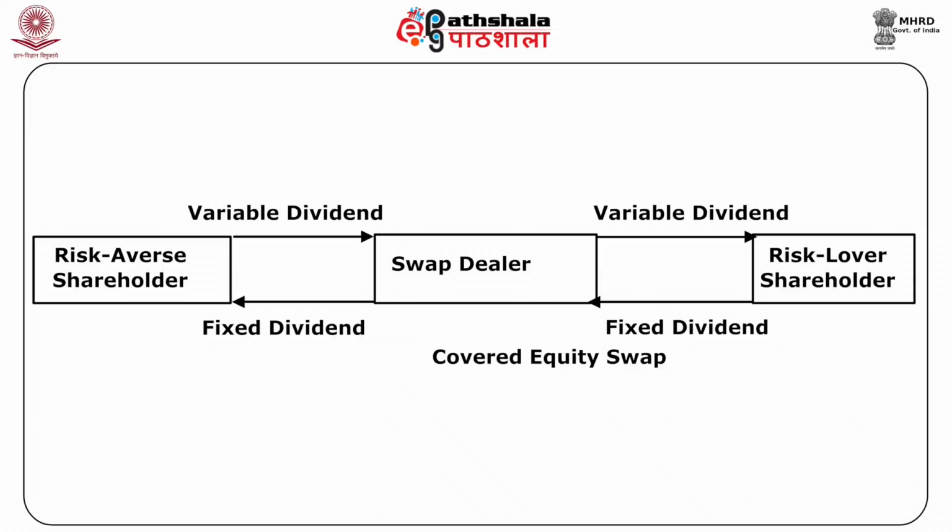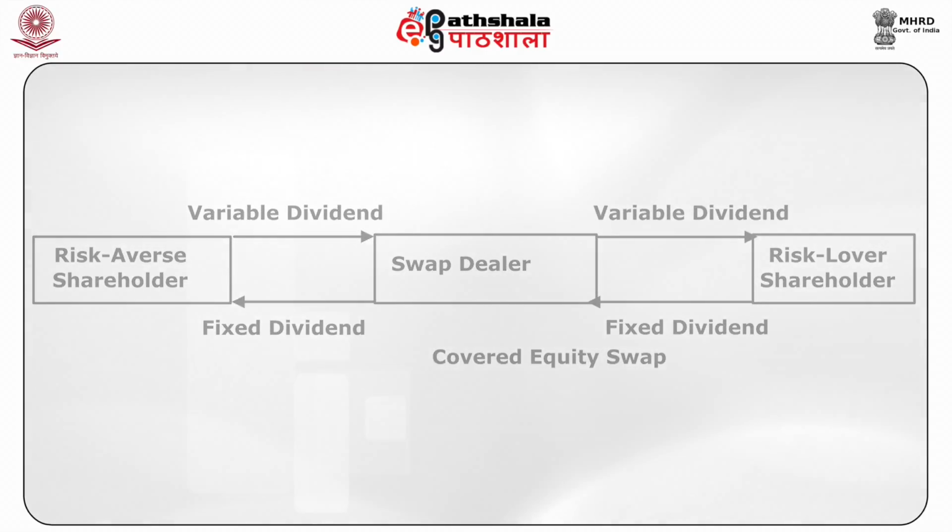He himself protects the equity shareholder by paying them a fixed dividend. But in the case of a covered equity swap, he gets an opportunity to hedge his position in dealing with the shareholder. It is possible only when shareholders are interested in receiving a high dividend even with the possibility of high risk.